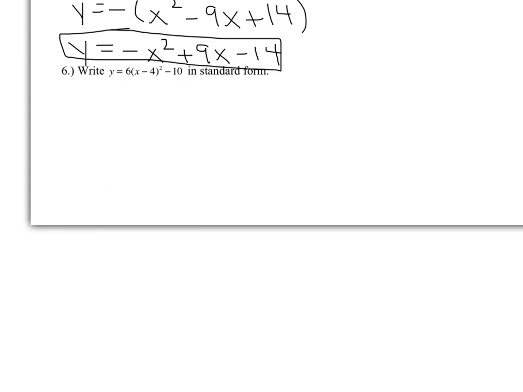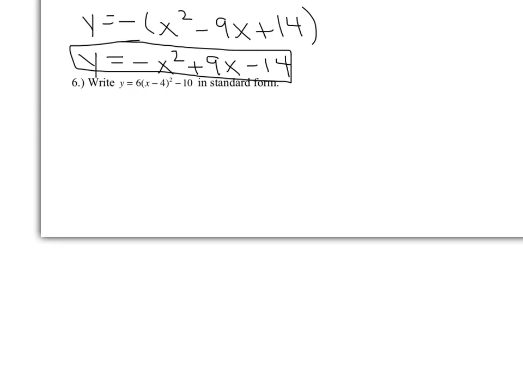And this last problem, number 6, we have a polynomial equation in vertex form. So this one is a little bit more to do, so you want to make sure you have enough space. So the first thing I'm going to do is I notice I have a quantity that's being squared. So to make sure that you don't make a common mistake, when you square x minus 4 quantity squared, you may not just square x and square 4 to get x squared plus 16.